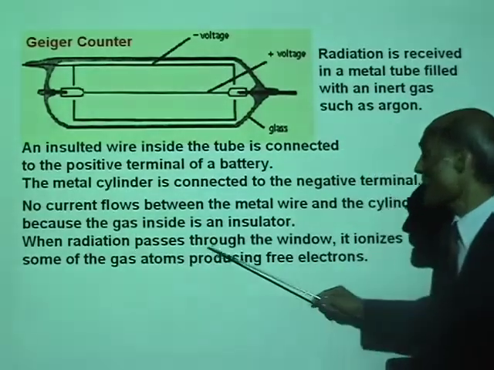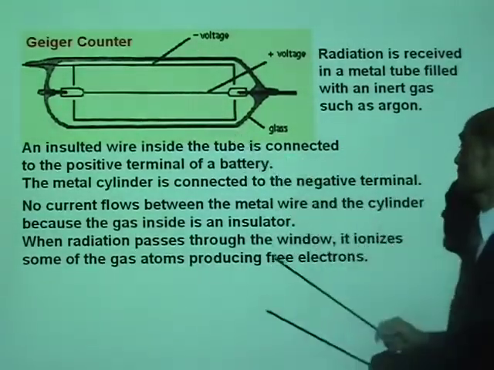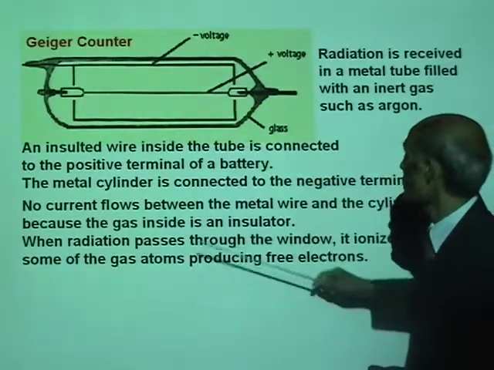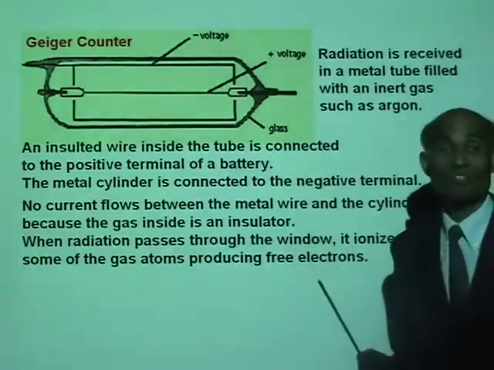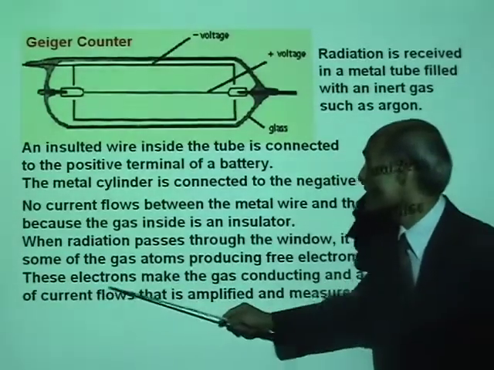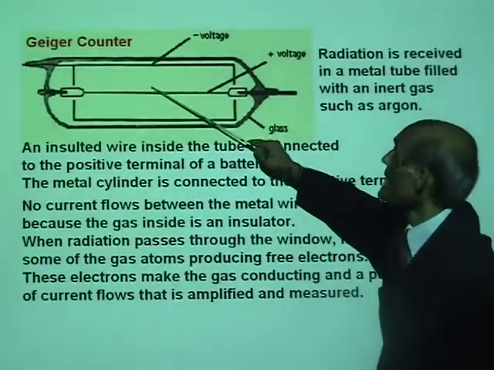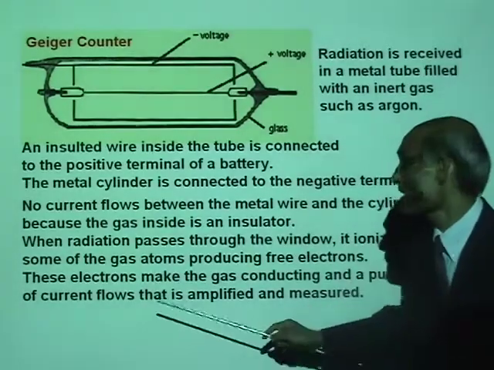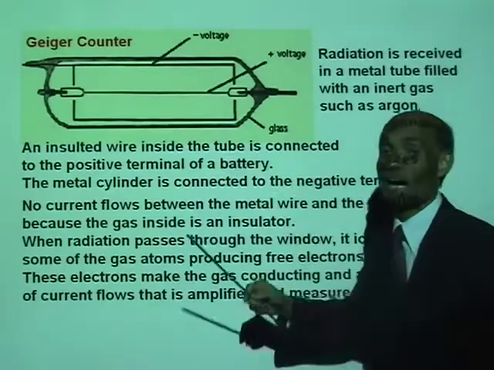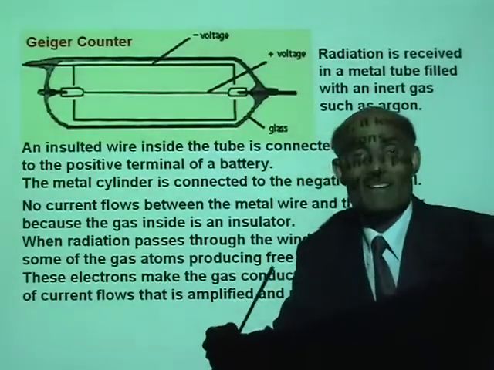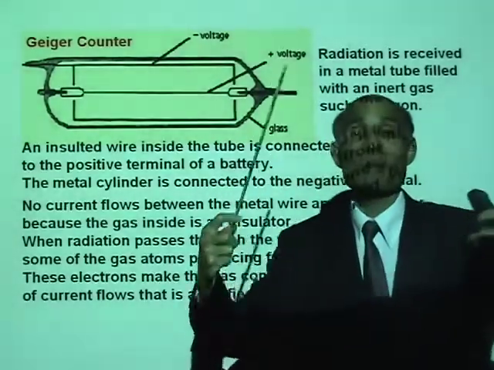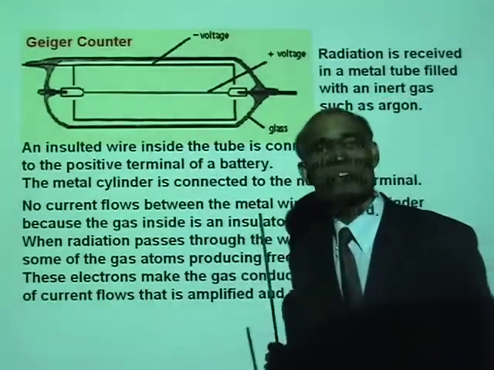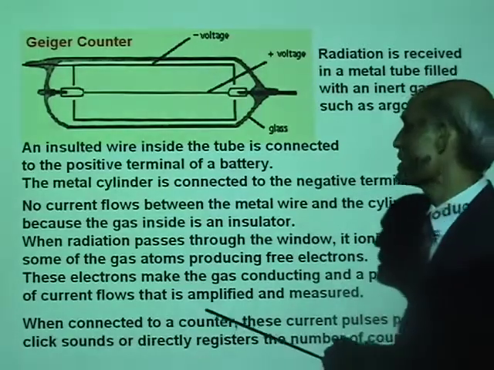When radiation passes through the window, it ionizes some of the gas atoms inside, producing free electrons, and these free electrons make the gas electrically conducting, and a pulse of current will flow. That is then amplified so that you hear the sound and it registers a count. So that is a very good way of measuring radiation.